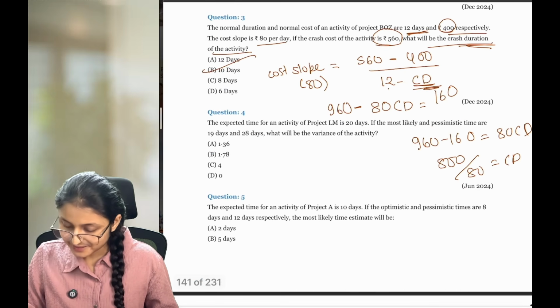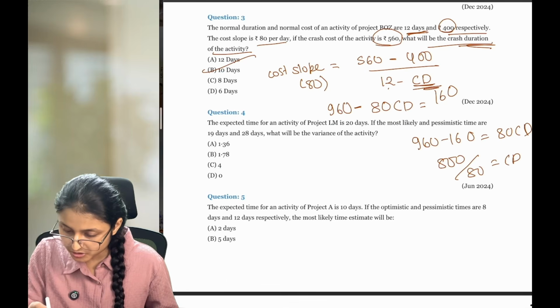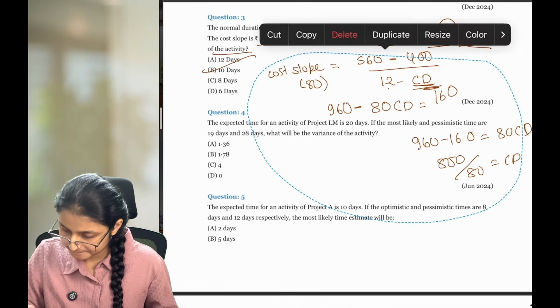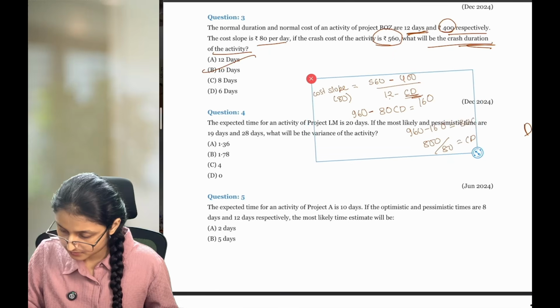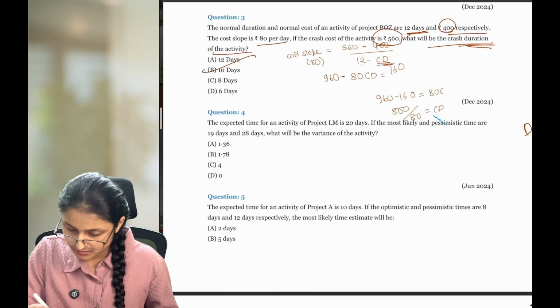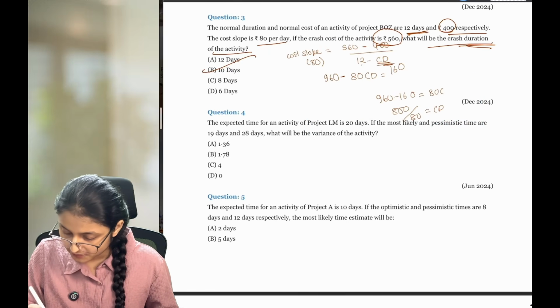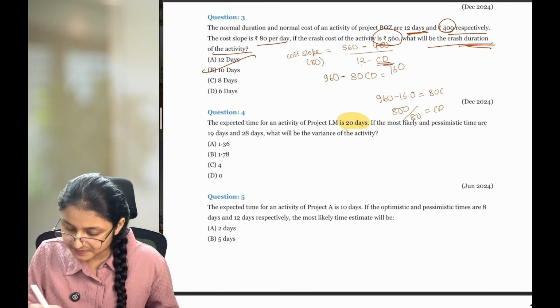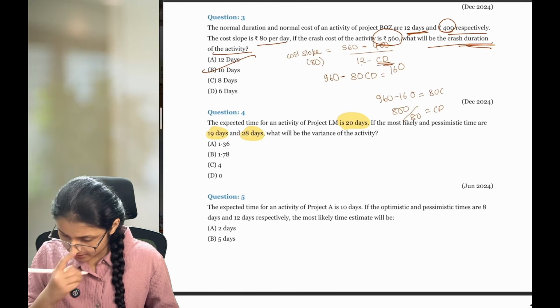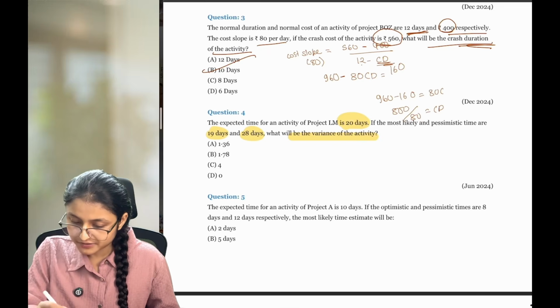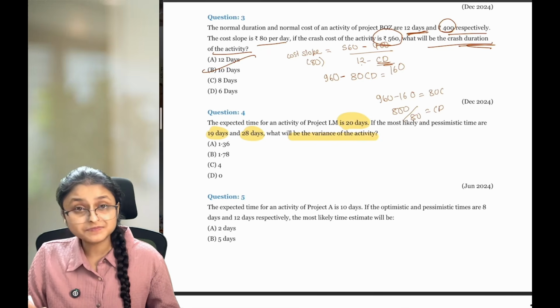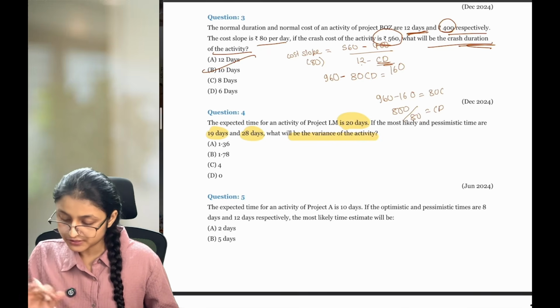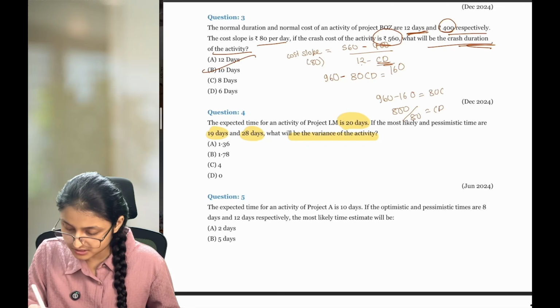Okay. Next, the expected time for an activity of project M is 20 days. If the most likely and pessimistic time are 19 and 28 days, what will be the variance of the activity? For calculating variance, we need pessimistic and optimistic time. So first I need to calculate optimistic time using these values.